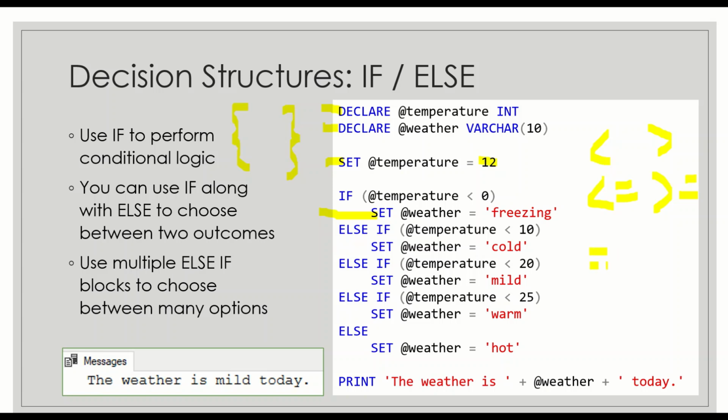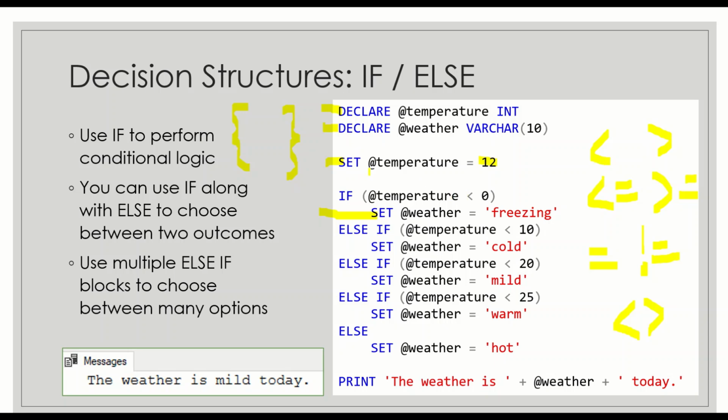We have equals, which is just one single equal sign. And we also have not equals, which can be written two ways, either the exclamation point equal or the less than, greater than together. We can also use any of the other operators that we're familiar with, like in, or between.